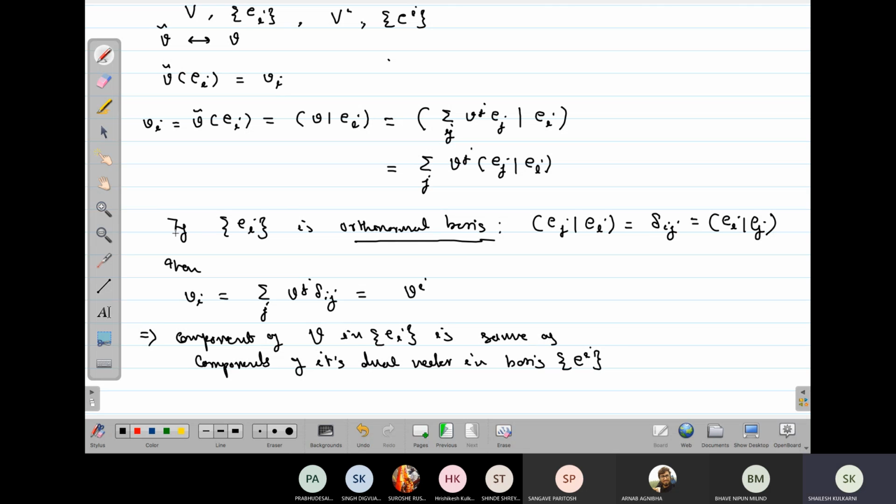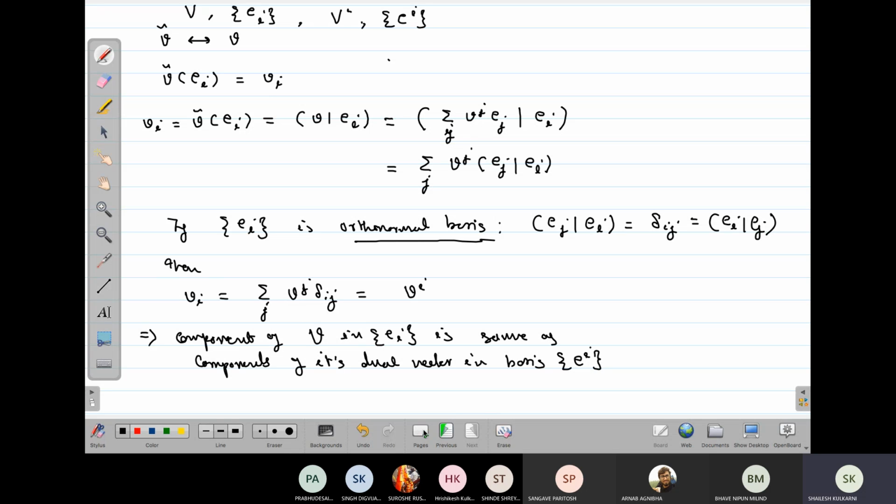In your Cartesian coordinate system, you choose an orthonormal basis. Once you choose an orthonormal basis, there is no distinction between vector and dual vector because their components are the same, so there is no need of using upper or lower index. But if your basis is different, then the components of a vector and its corresponding dual vector are different.